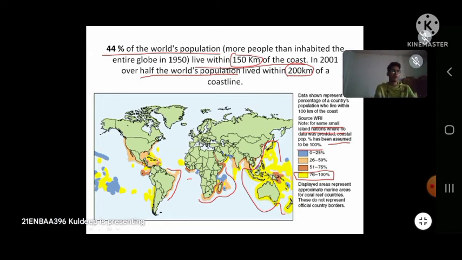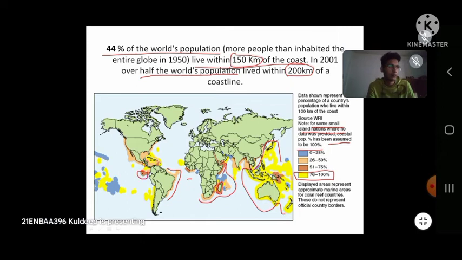And then 51 to 75% is also for some, like Madagascar, of which 51 to 75% of the population lives within 200 kilometers of the sea. And then this region and here this.